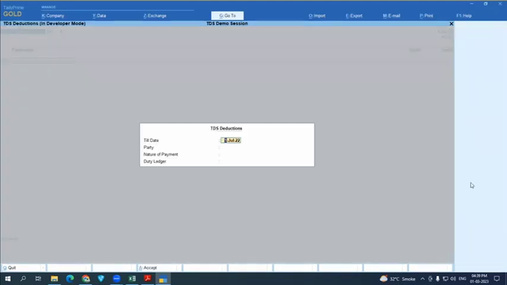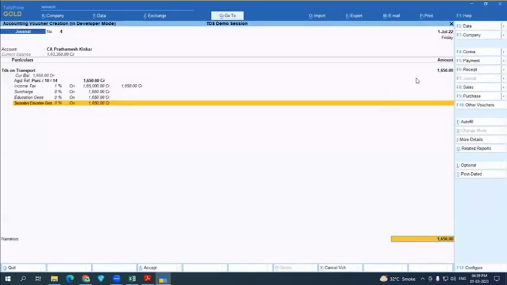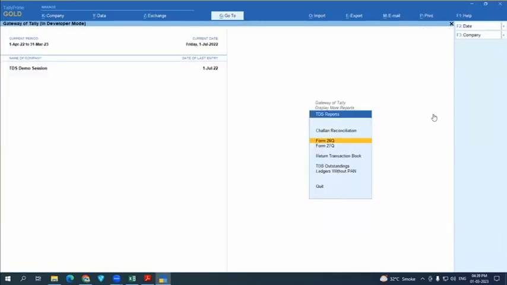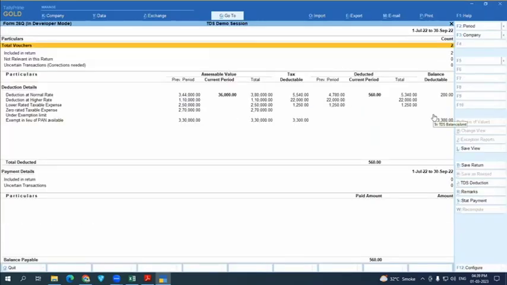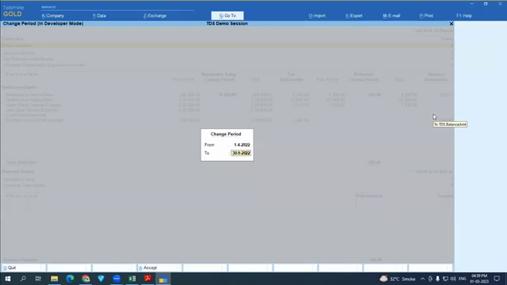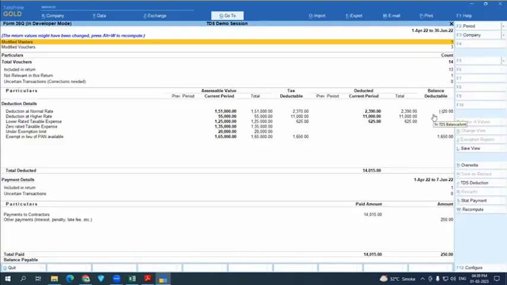Click there, put your date, suppose you want 31st July. Okay, sorry, 1st July is the voucher date. Put it here, and just pass it, and again the same process is repeated. So TDS deductible means it is a short deduction, or a non-deduction, or some problem is there. You have to deduct your TDS.